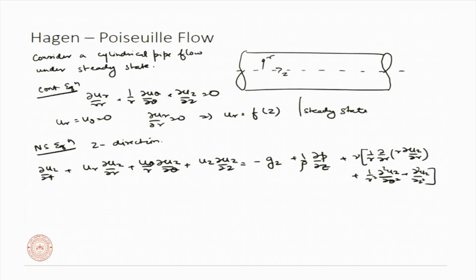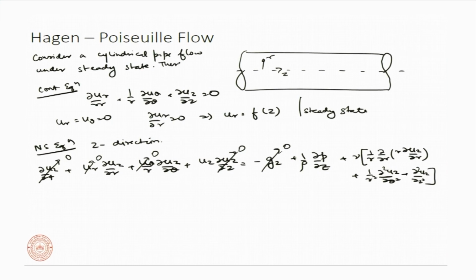Let us remove a few terms from here. So, this is 0, this is a steady state. Again, u r is not dependent on u z, u z is not dependent on r, u r and u theta are 0. These terms go away, this term goes away. There is no gravity effect.